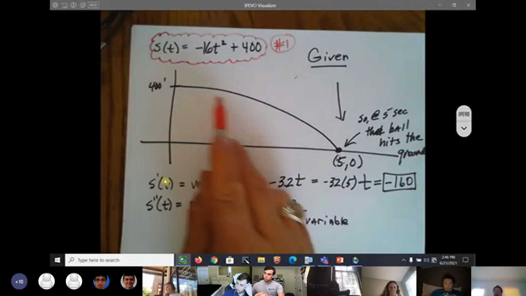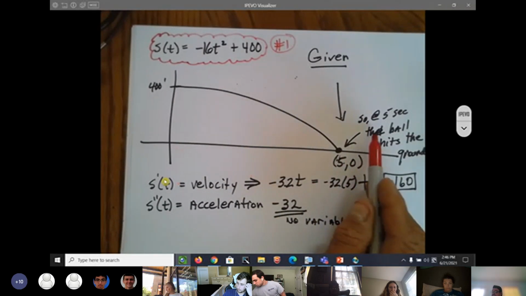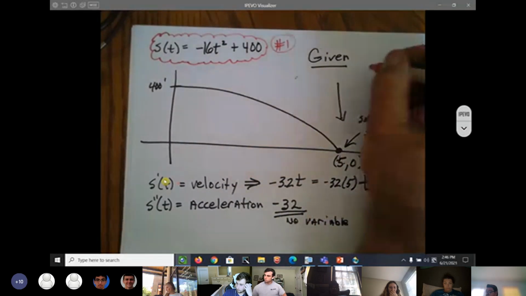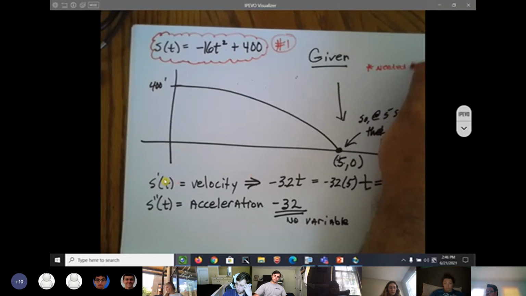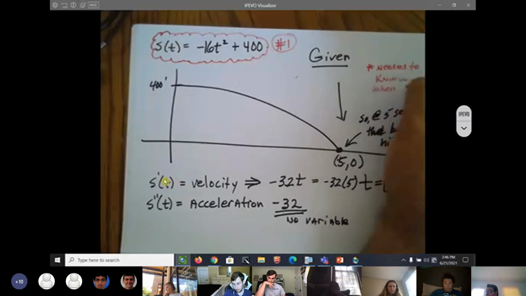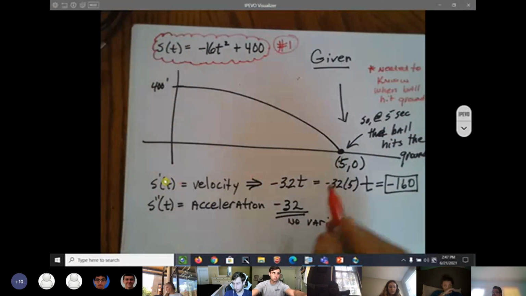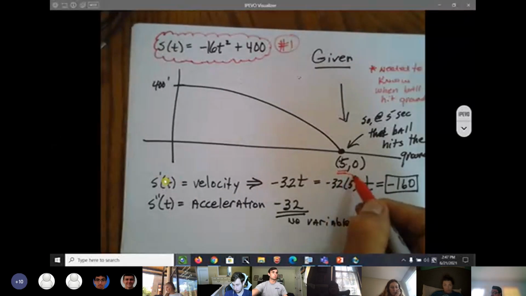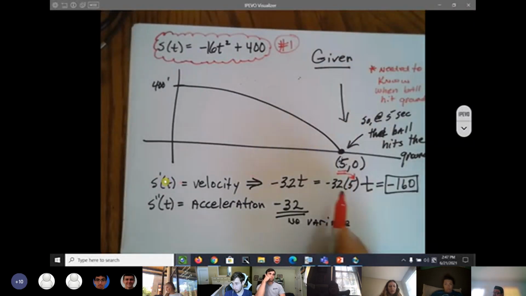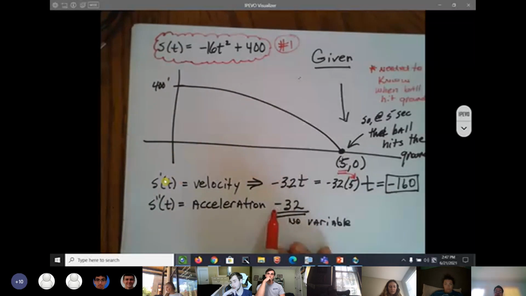Because I needed to know when that ball hit the ground. And the graph told me that. And once I found that x, all I had to do was plug it into the first derivative. I can't plug it into the second derivative, so the answer is just negative 32. So there's my two answers.